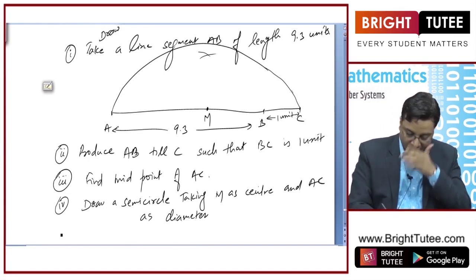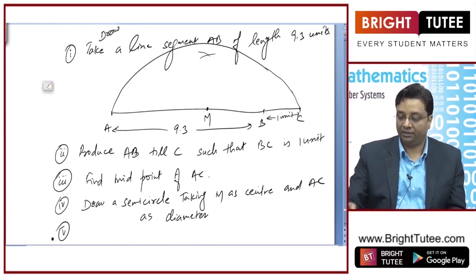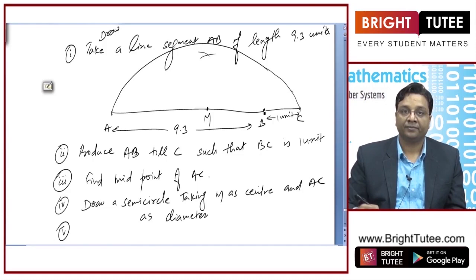Okay. Now in the fifth point, raise a perpendicular at this point B such that it meets the semicircle.